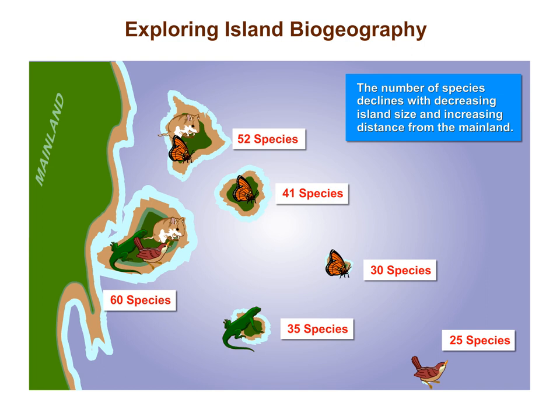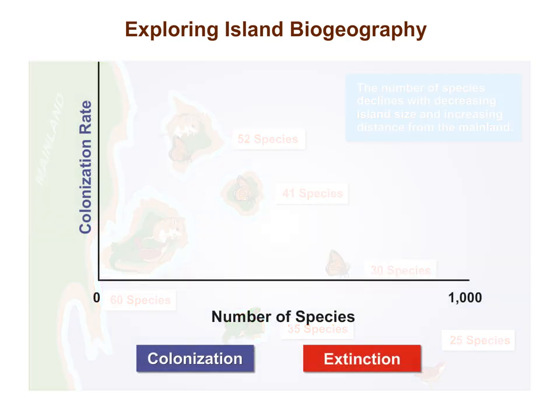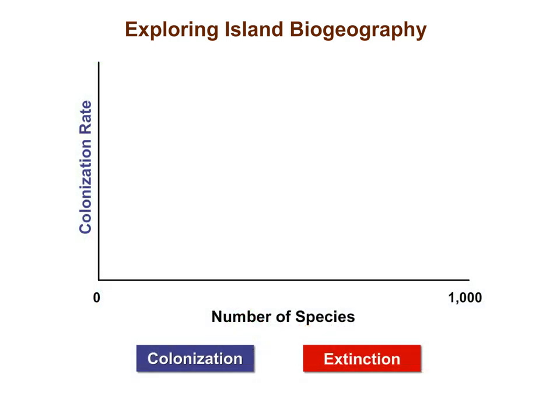Let's now understand how the processes of colonization and extinction combine to determine the number of species on an island. When an island is new or recently disturbed, many colonists can arrive because factors such as competition and predation are low. Therefore, the immigration rate of new species to an island is high and the extinction rate is low.